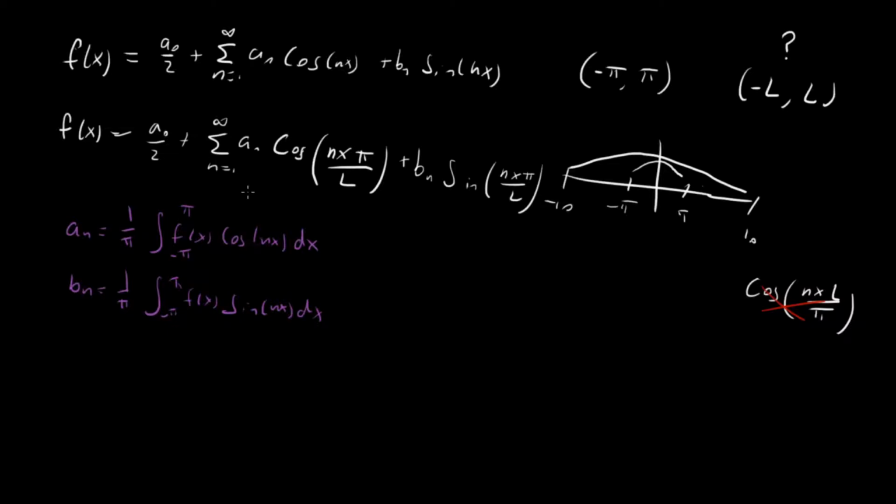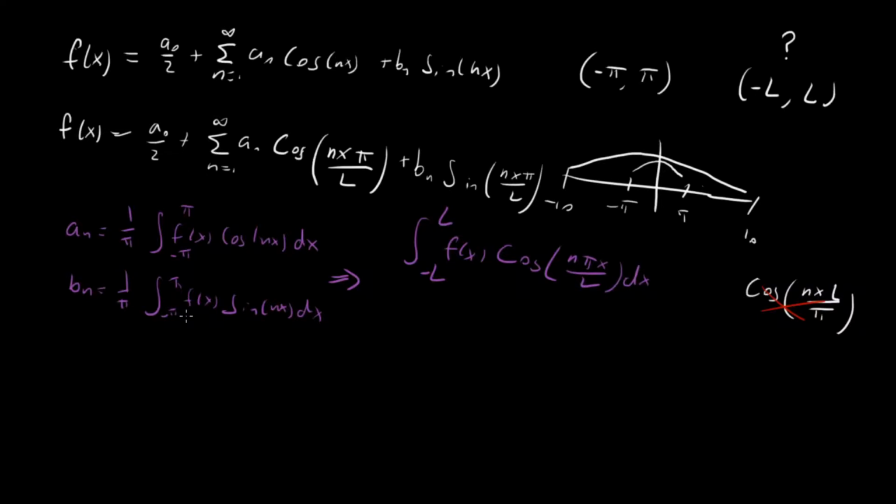This is rather straightforward to update. We shouldn't be integrating from minus pi to pi anymore because that's not our interval. We should be integrating from minus L to L, f of x, and then our cosine should be the same as it was up there, cosine of n pi x over L dx.